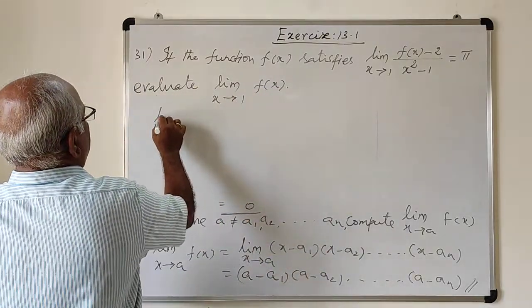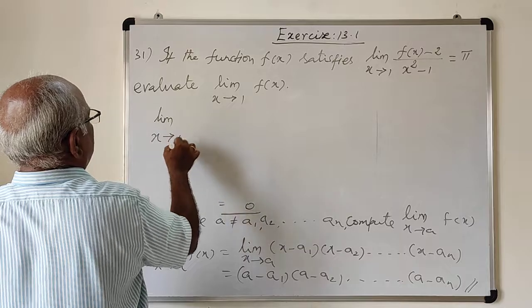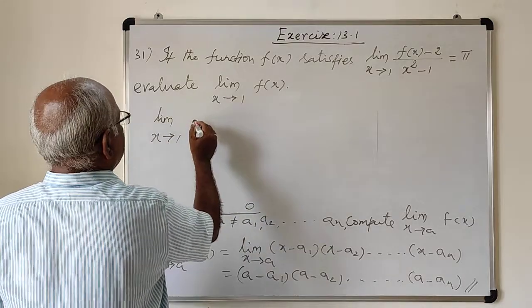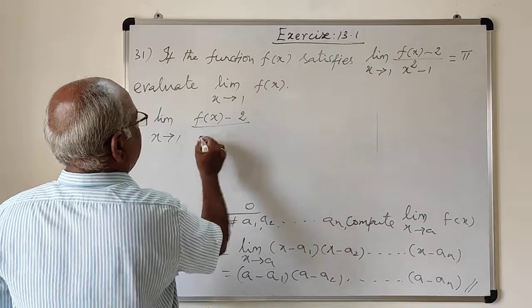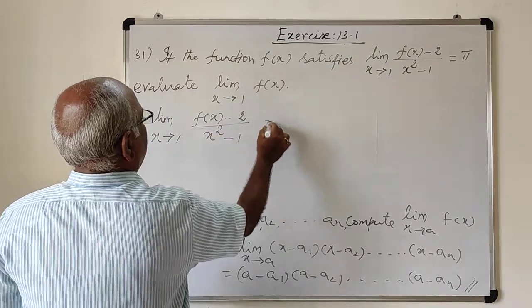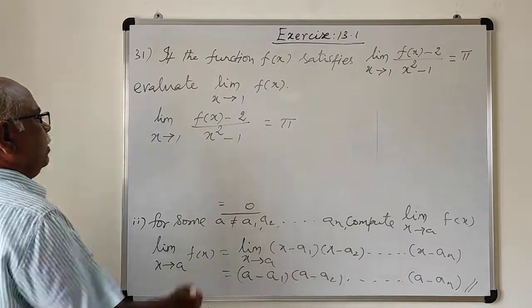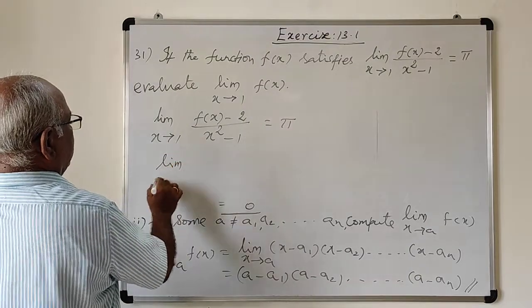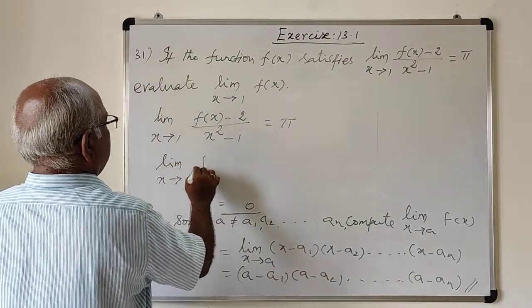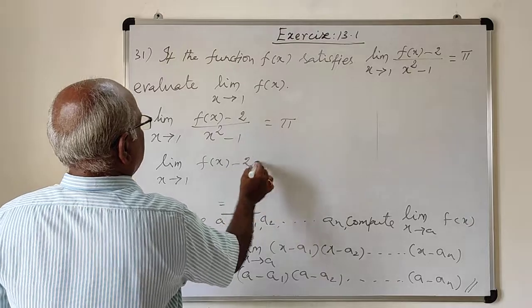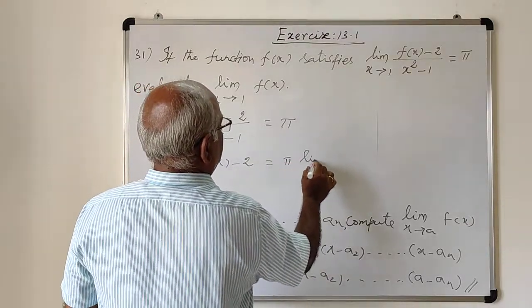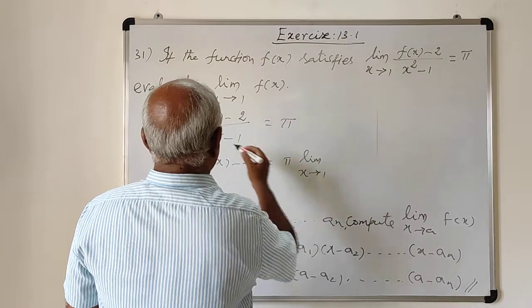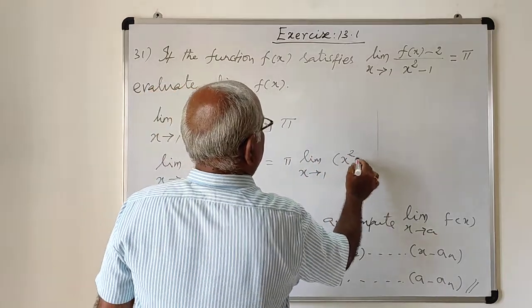From the problem, the limit as x tends to 1 of f of x minus 2 by x square minus 1 equals pi, given. By cross multiplying, the limit as x tends to 1 of f of x minus 2 equals pi into the limit as x tends to 1 of x square minus 1.